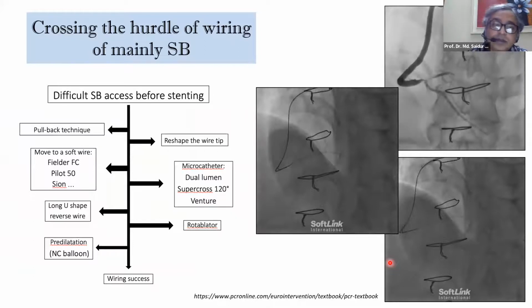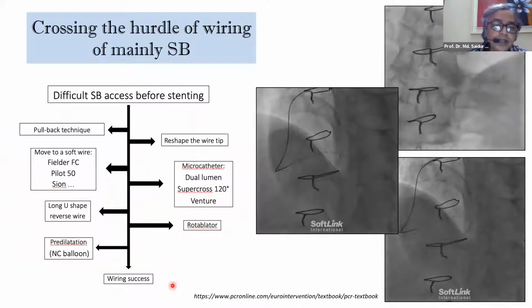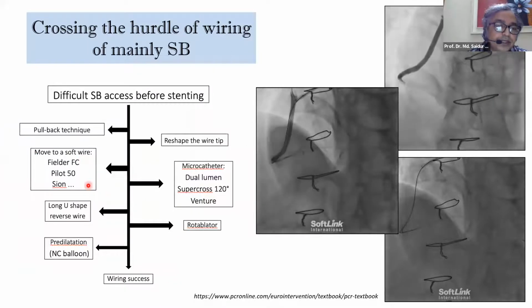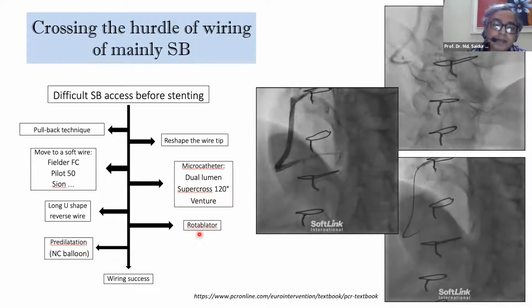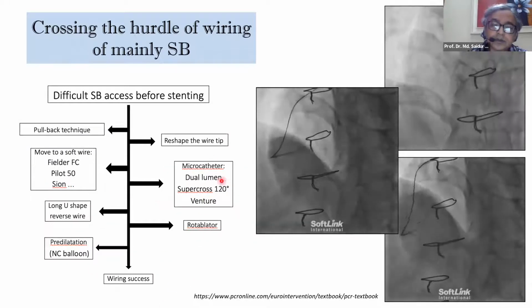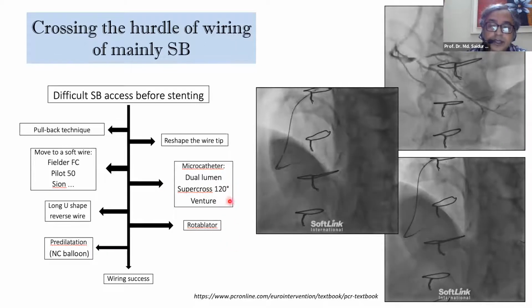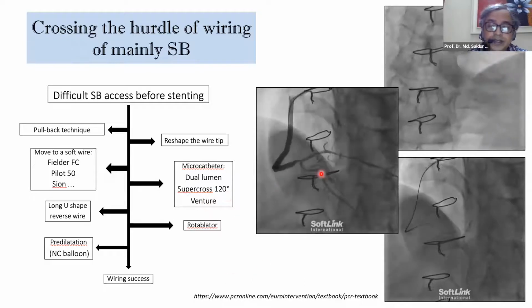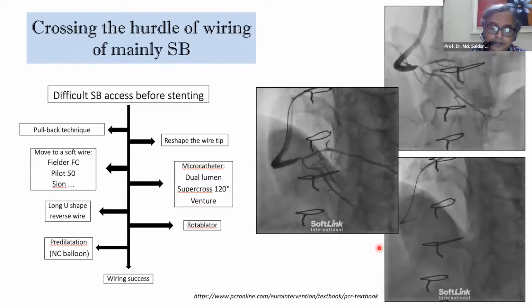And crossing the hurdle of the wiring, mainly the SB, we have simpler techniques like pullback techniques, and also we'll take the Filtrex Pilot or Sion Blue series of wires. Some difficult wiring techniques sometimes we have to apply in some nightmare cases like this one, where I have to take the microcatheter-supported wiring.